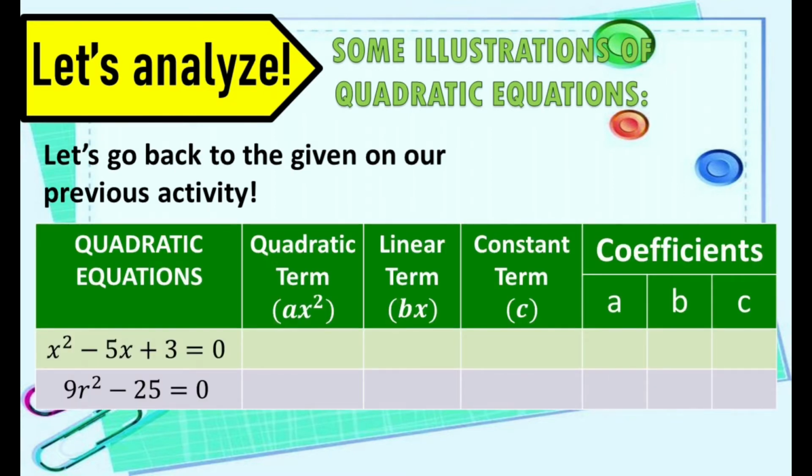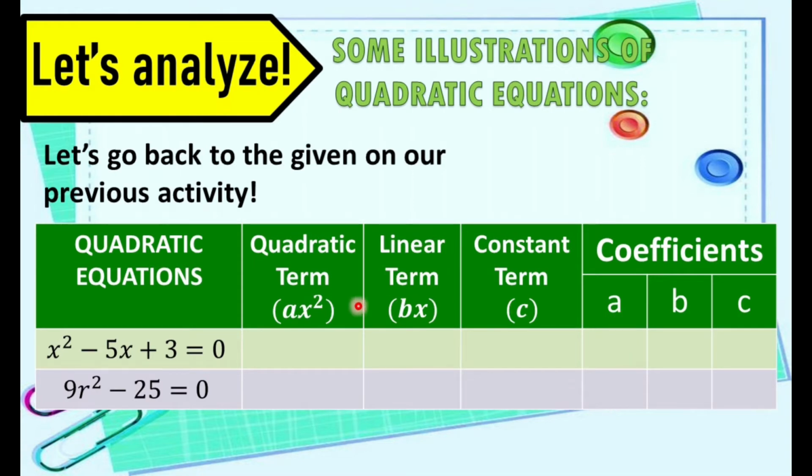We have here quadratic equations from our previous given: x squared minus 5x plus 3 equals 0 and 9r squared minus 25 is equal to 0. We say on our definition that ax squared is the quadratic term, bx is the linear term, and c is the constant term. Therefore, we are going to have the coefficients a, b, and c.